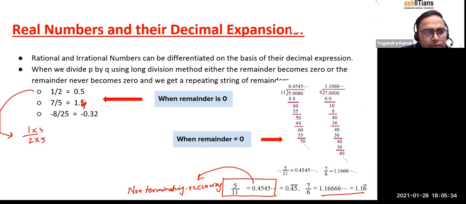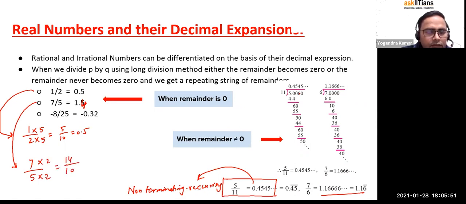I showed you the method last class. 5 divided by 10 is 0.5. Now similarly, 7 by 5. Can I multiply 2 and 2 up and down? So it is 14 divided by 10. So it is 1.4 clearly, right?